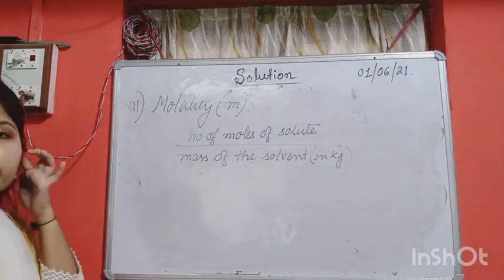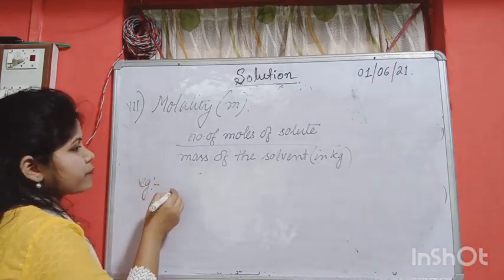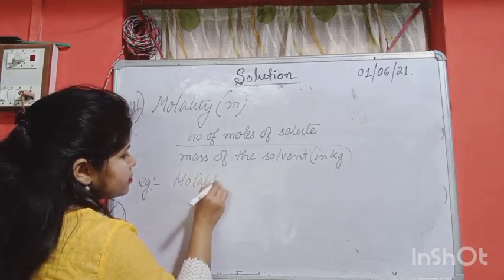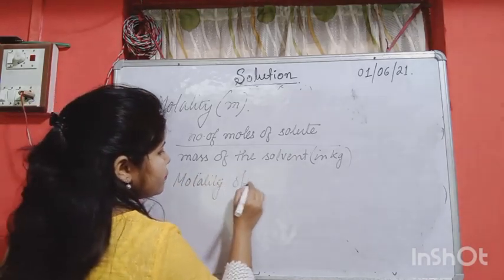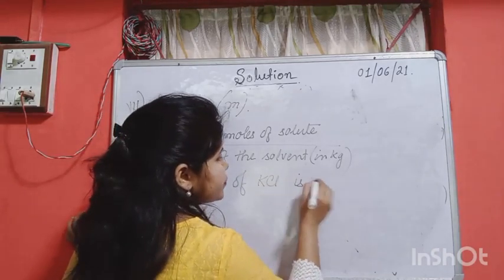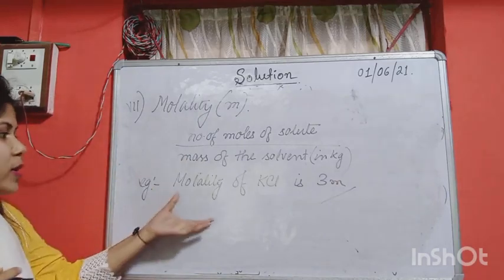Suppose I am taking an example: the molality of KCl, potassium chloride, is 3 small m. So what does this sentence mean?